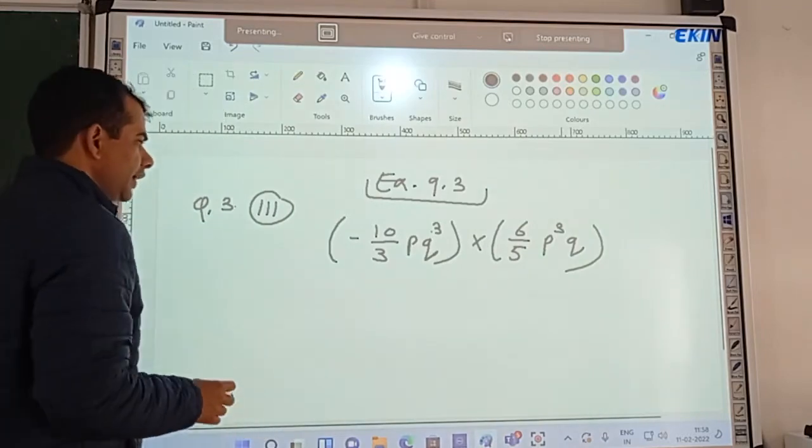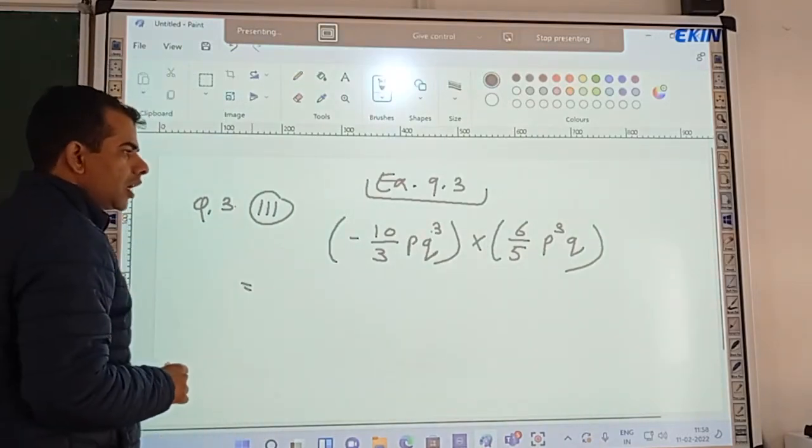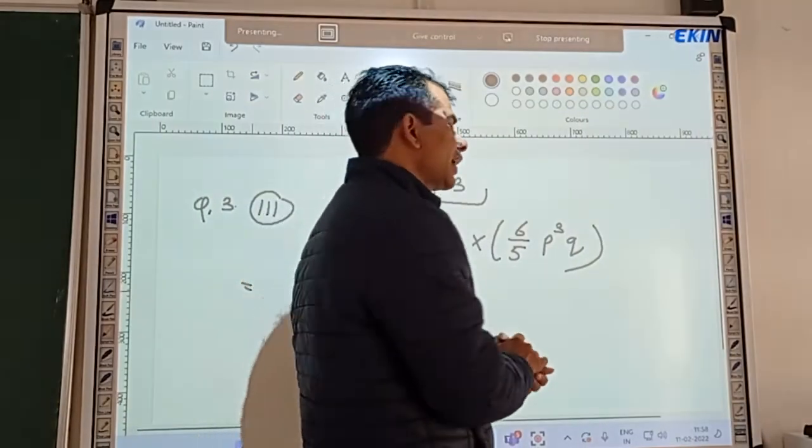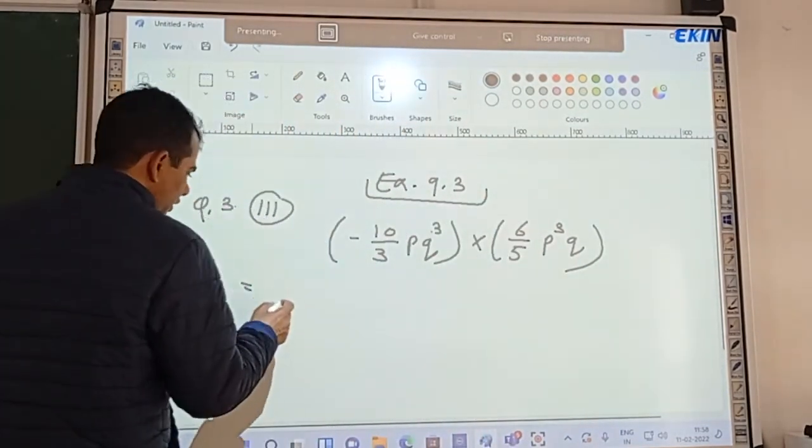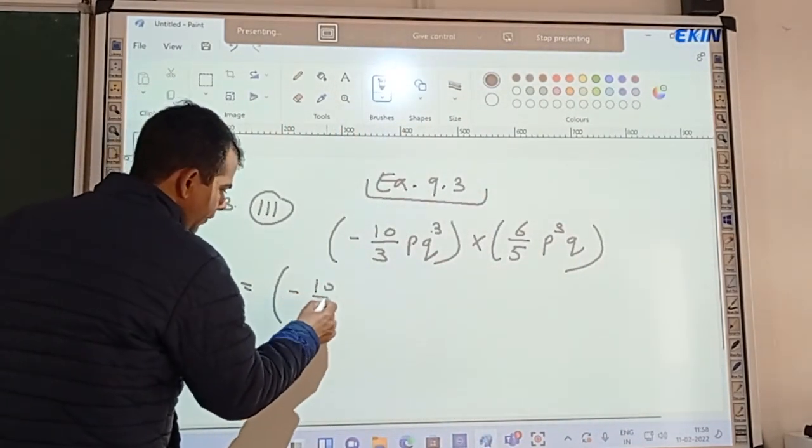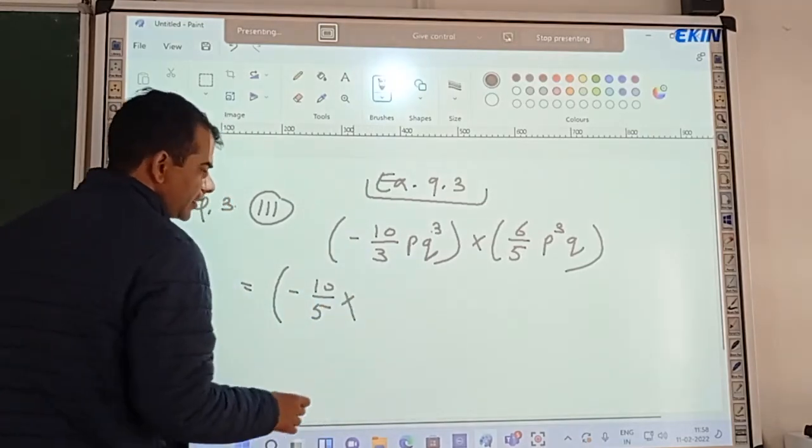Now multiply numerical values: minus 10 by 3 multiplied by 6 by 5.